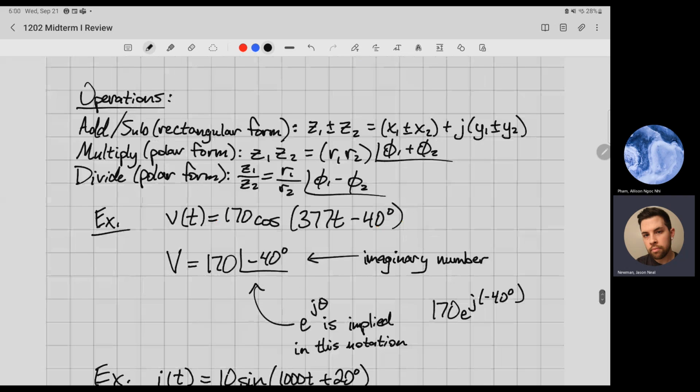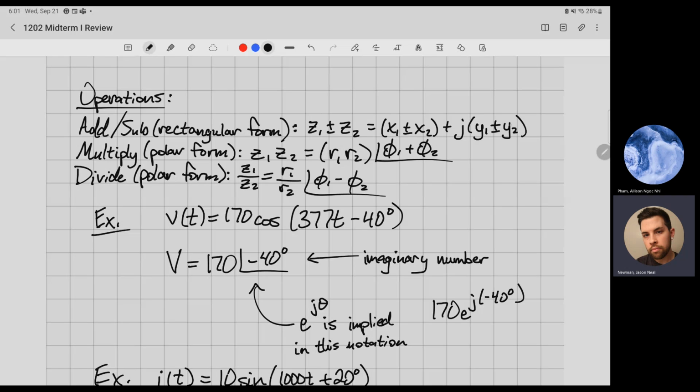So the typical operations, at least how Kogan describes them, that I know about, is you have addition and subtraction, which is rectangular form. So if you have z1 plus or minus z2, it's going to be equal to the x component of the first z plus or minus the x component of the second z plus j times the y component of the first z plus or minus the y component of the second z.